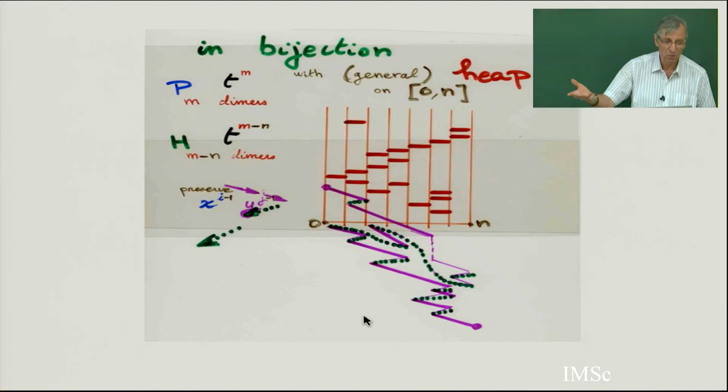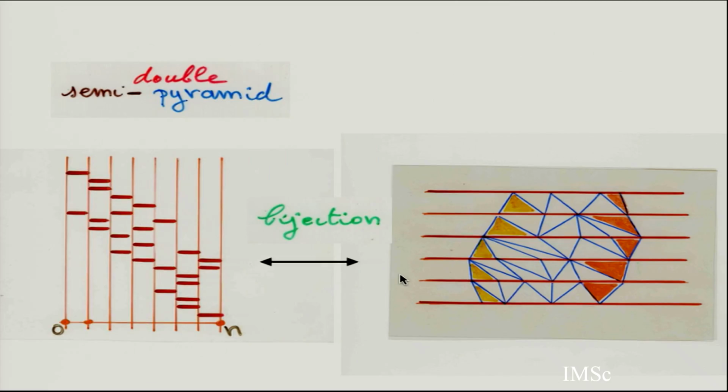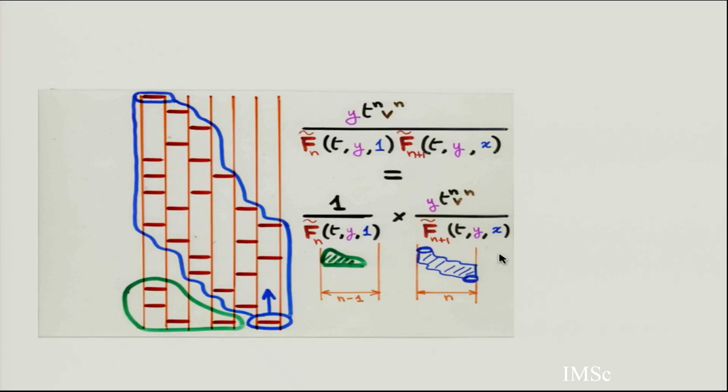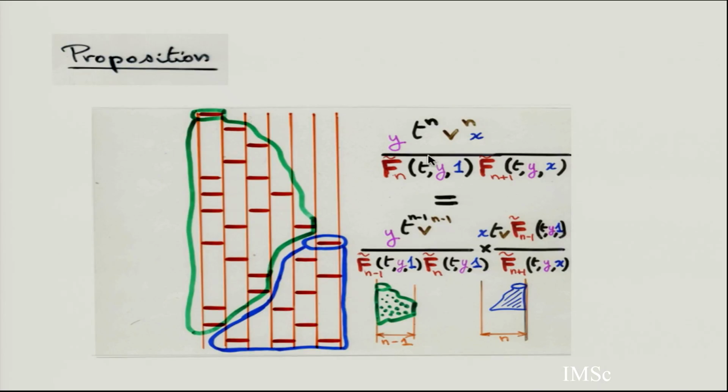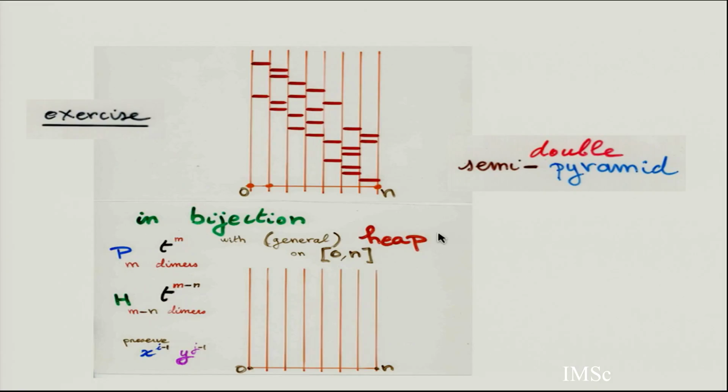And this is a proof that there is a bijection between general heaps and semi-pyramids, and a proof of this formula here, which gives you another proof of this. This is the first proof, and this is the second proof. But you see, we are playing.